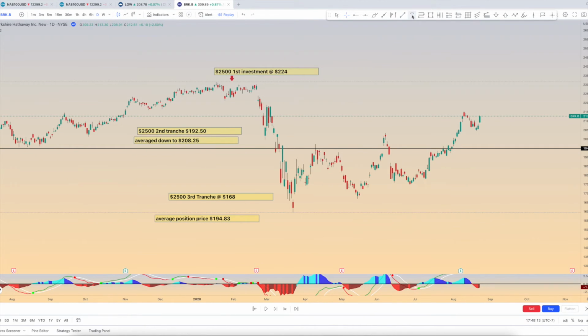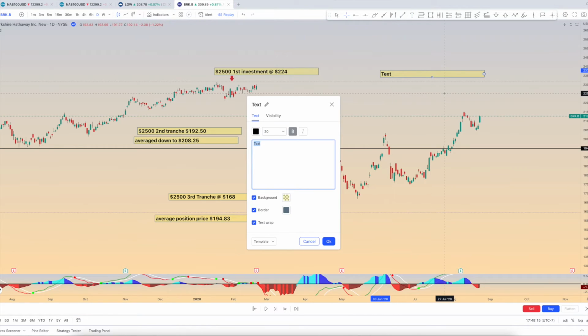I'll throw out a text box, okay? Just bear with me, guys. So let's say 2,500 divided by 224 means you got 11.16 shares. So let's just round that down, 11 shares initially, right? Then you bought the second tranche at 192.5.